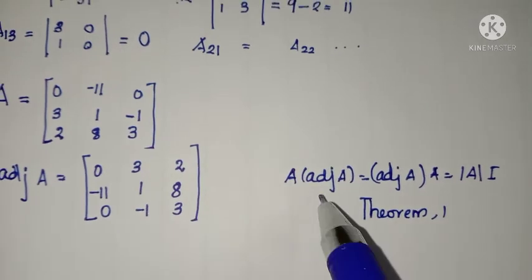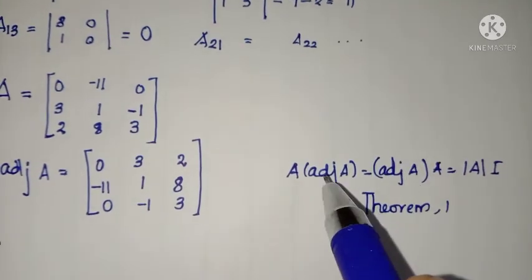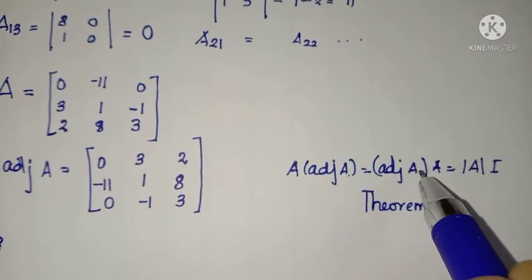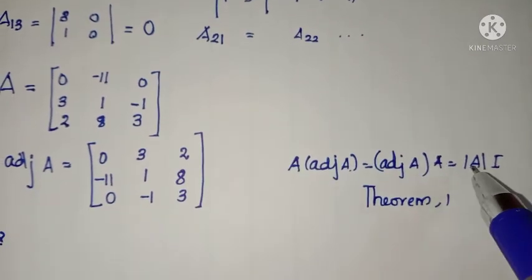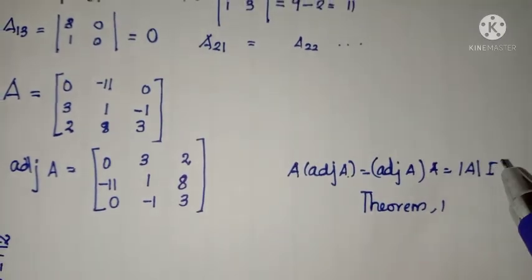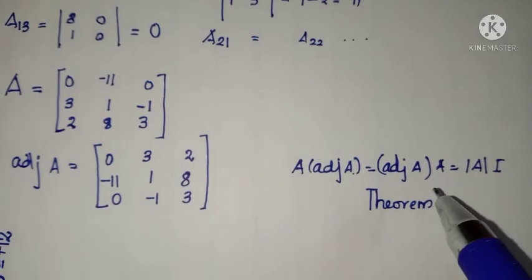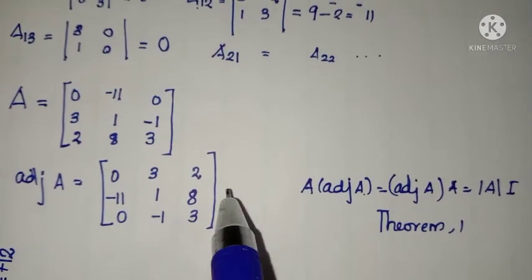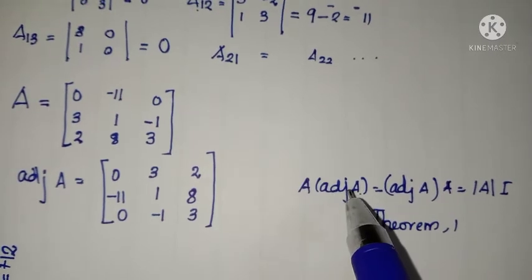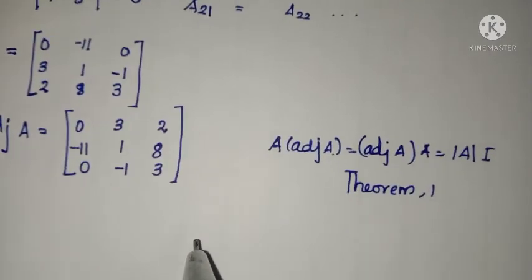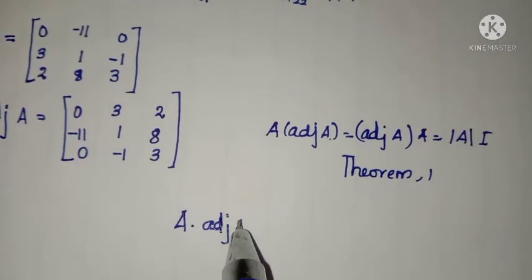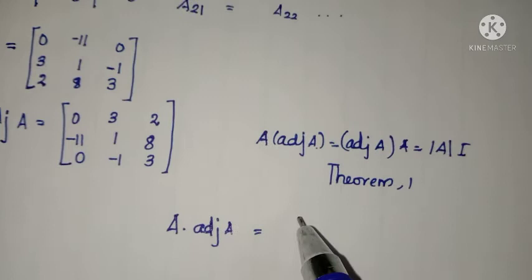It states that for any square matrix of order n, A into adjoint A is equal to adjoint A into A is equal to determinant A into I, where I is an identity matrix of order n. So we have the adjoint matrix. Now multiply this adjoint matrix with A. So A into adjoint of A.